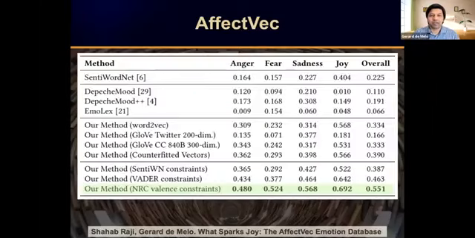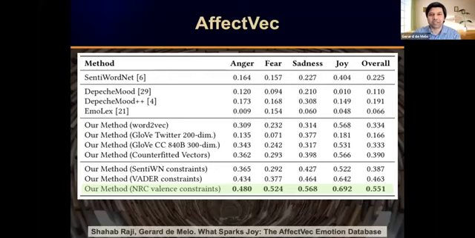Ultimately what we get is an emotion resource that we found corresponds much better to human judgments of emotions for words than much of the previous work. Previous work includes things like Emolex, and Depeche Mood is another well-known resource. It also outperforms some of the other simpler, naive ways of using word2vec. And so we were quite happy with this result.